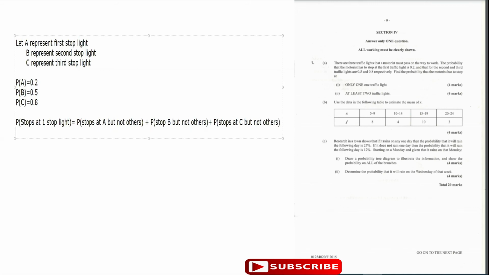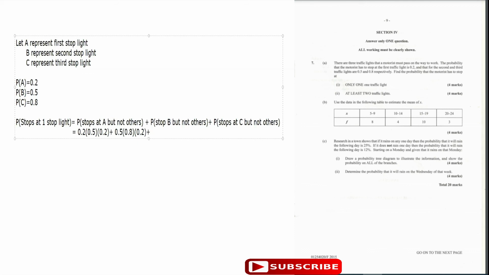So if he stops at A, the probability of A is 0.2, and if he didn't stop at B, that's 0.5, and if he didn't stop at C, that's 0.2. Plus the probability that he stops at B is 0.5, but he didn't stop at A is 0.8, and he didn't stop at C, which is 0.2.